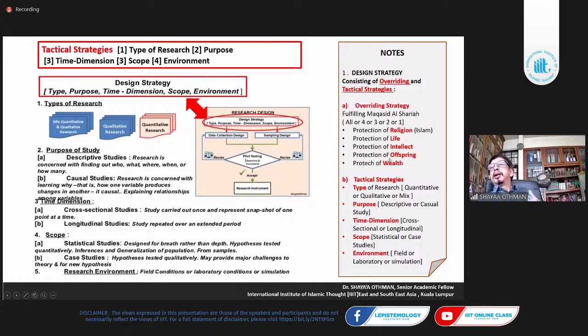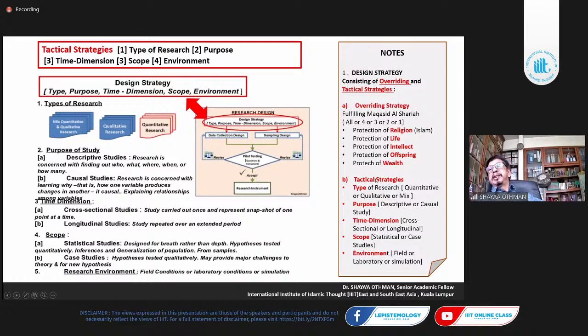Offspring means the biological lineage according to Islam, and then protection of wealth and resources. These are the objectives of Sharia. See, in Islam, whatever research you do, you are fulfilling the maqasid of Sharia.